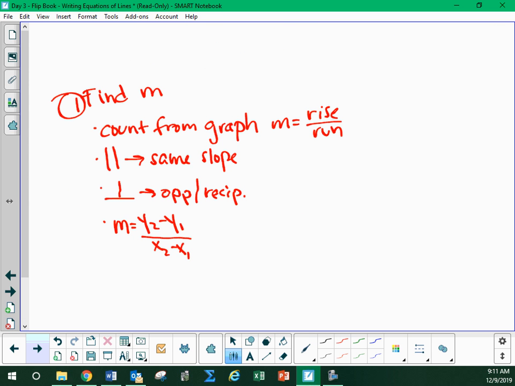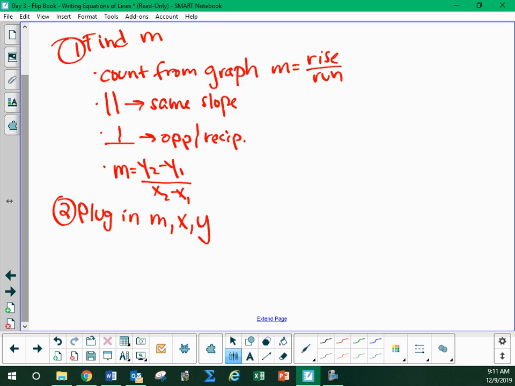All right, so our first step is always find our slope. Depending on the style of problem, we have different ones. Then, once you find your slope, we just simply plug in our slope, our x, and our y, and then solve for b. So for all these, it's really 2 steps.